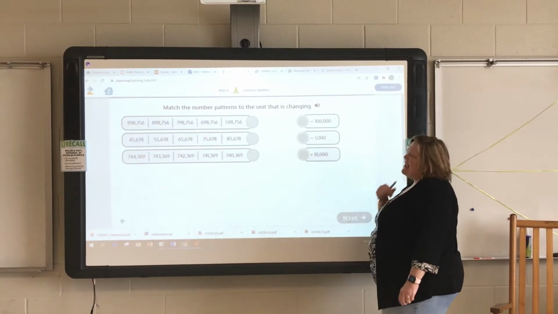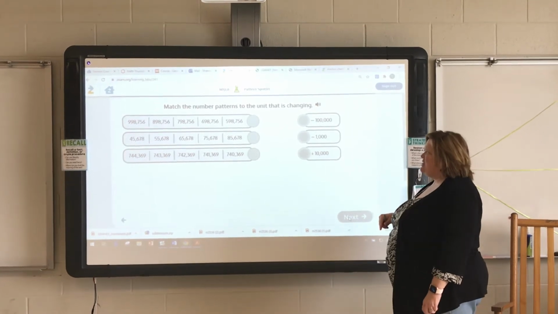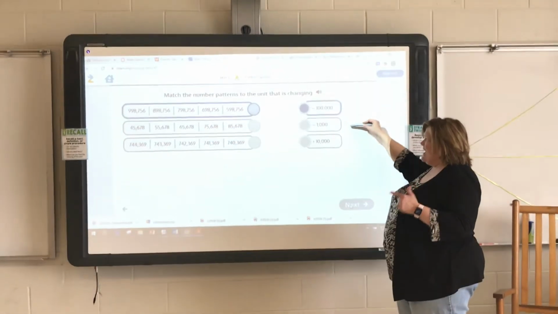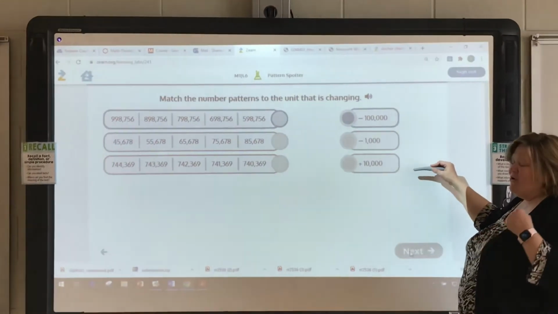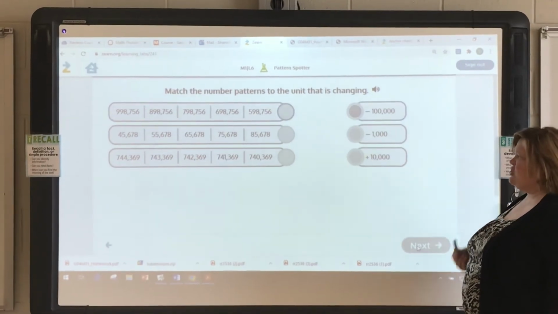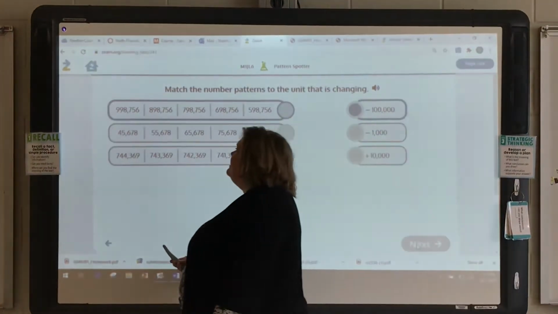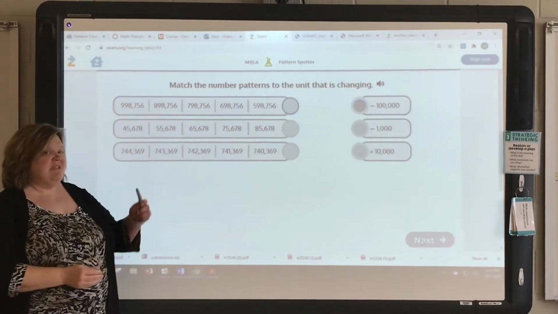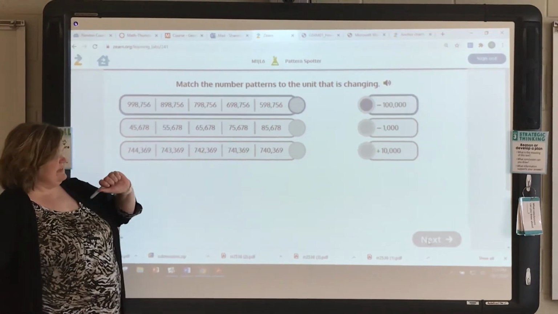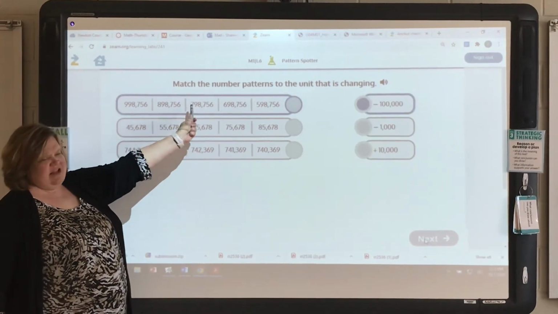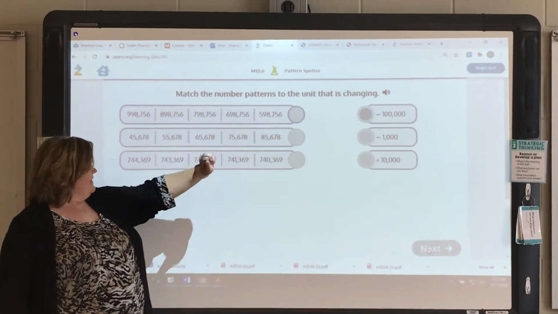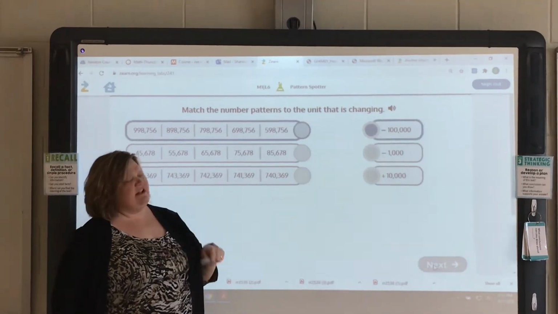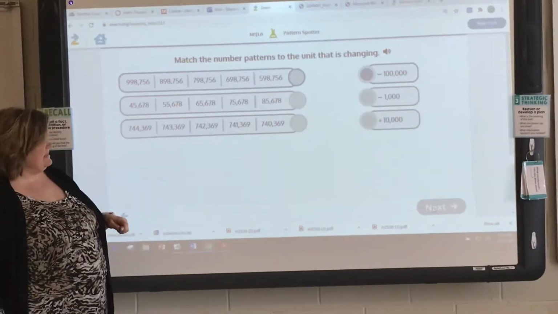So now we're going to match our pattern to the unit that's changing. So we have minus 100,000, minus 1,000, or adding 10,000, increasing. So let's look at our pattern. 998,756, 898,756, 798,756, 698,756, and 598,756.